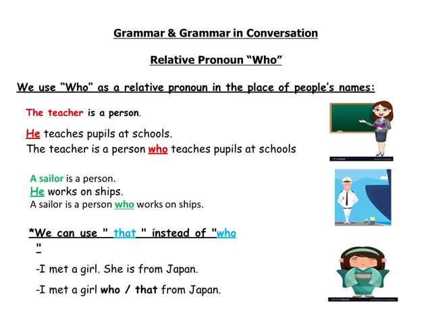We'll have, as we said, the first sentence as it is. A sailor is a person. We delete the full stop. We delete he, and we use who instead. So the answer is a sailor is a person who works on ships.